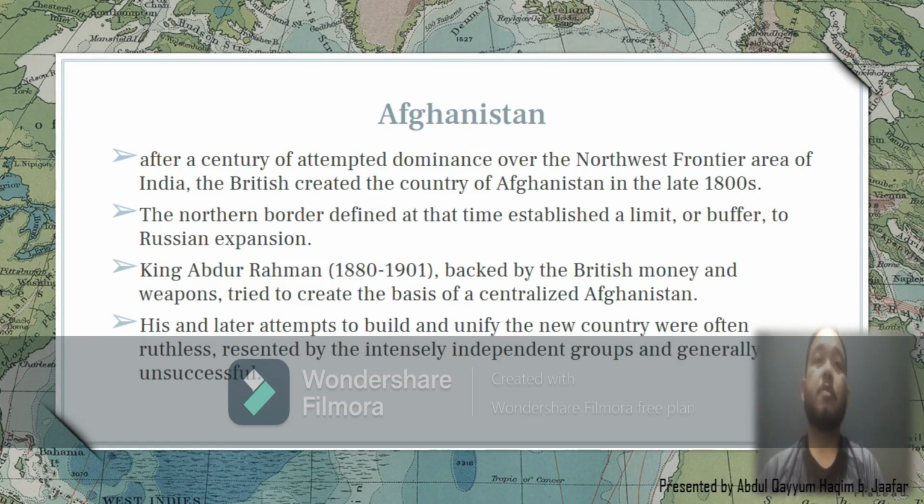King Abdul Rahman, from the 1880s to 1901, backed by British money and weapons, tried to create the basis of a centralized Afghanistan. His and later attempts to build and unify the new country were often ruthless, resented by the intensely independent groups, and generally unsuccessful.